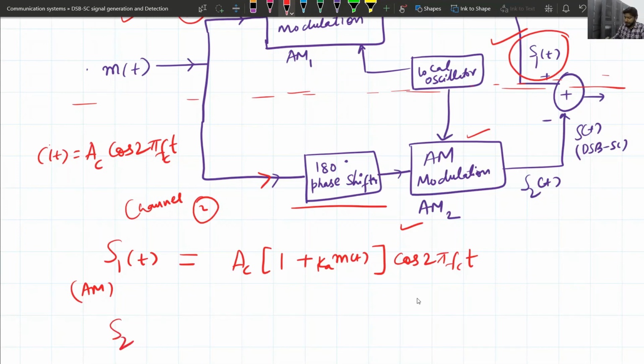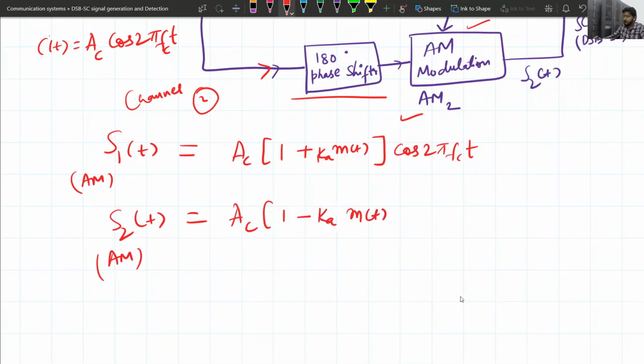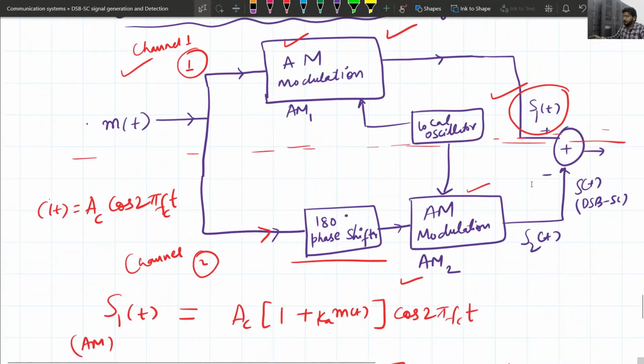So S2(t), which is also an AM wave, will be Ac times of 1 minus Ka times m(t), since there is a phase shift by 180 degrees, times cos 2 pi fc t. Now what we are doing? We are subtracting both signals, that means S1(t) minus S2(t).